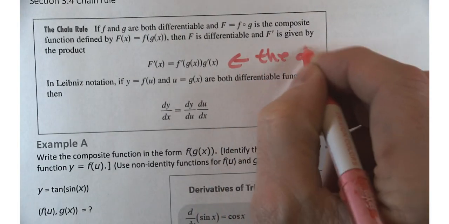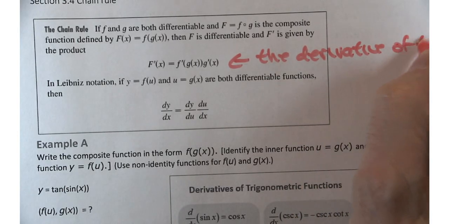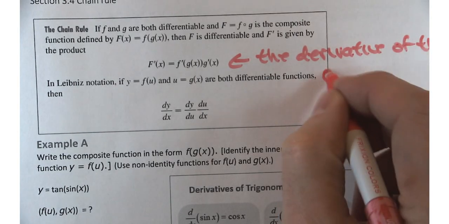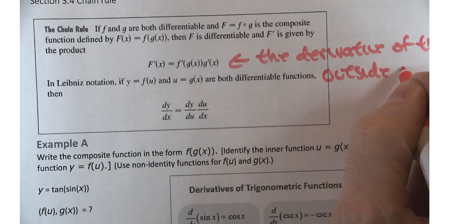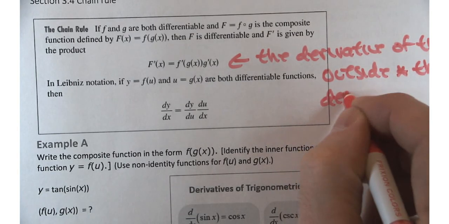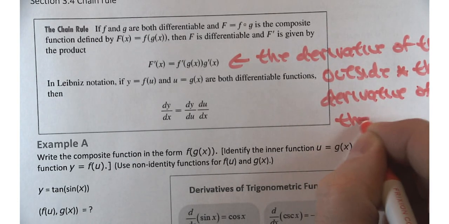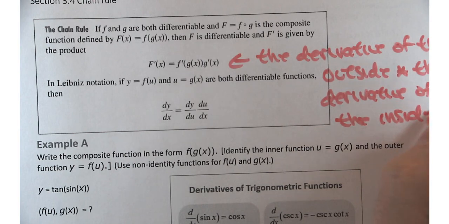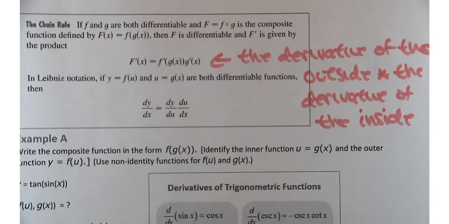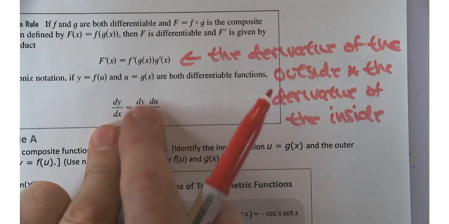The derivative of the outside times the derivative of the inside. But it takes a little bit of practice to start seeing these things and getting used to those things. So we're going to do it this way. We're going to start out kind of like this.